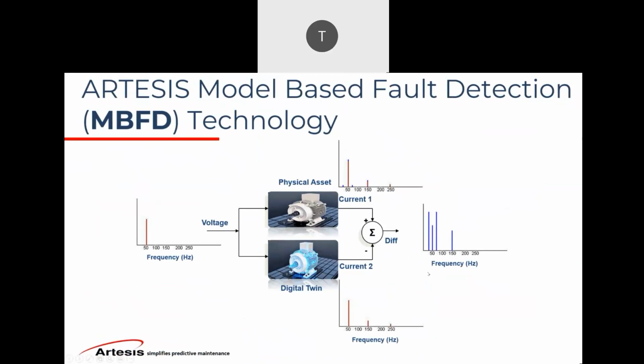So as you can see here, on the current waveform 1, you see these additional harmonics, and they are still not present on the supply voltage. So they have come from the additional mechanical deterioration of either bearings, or unbalance, or misalignment, you name it. They cause additional distortions.